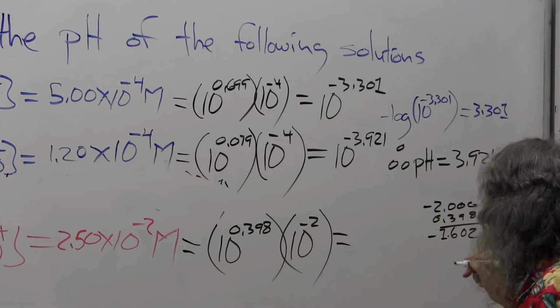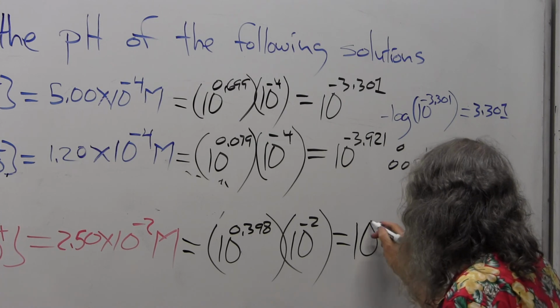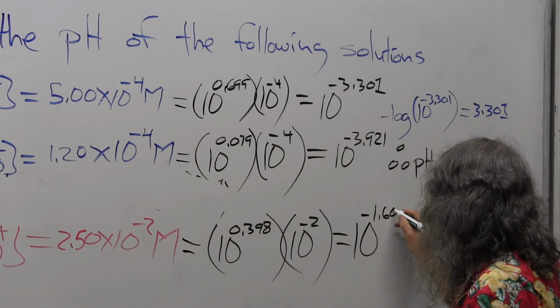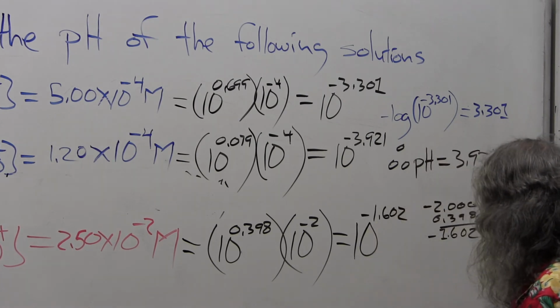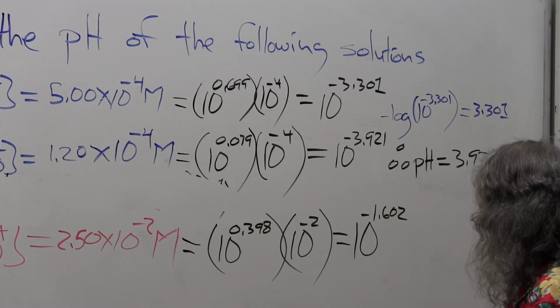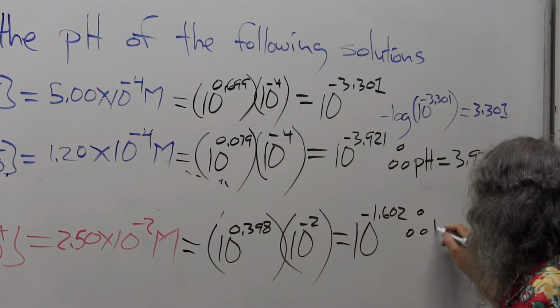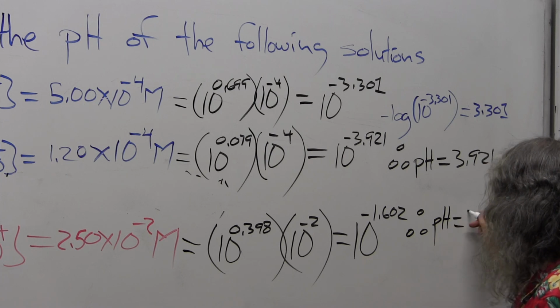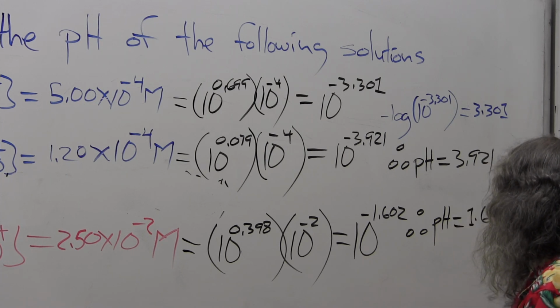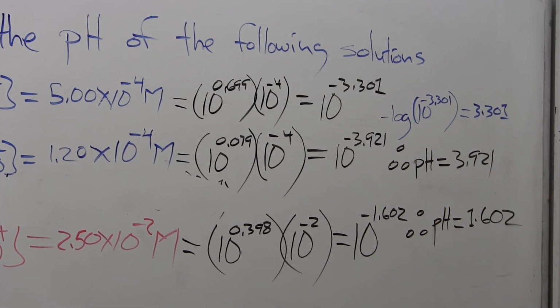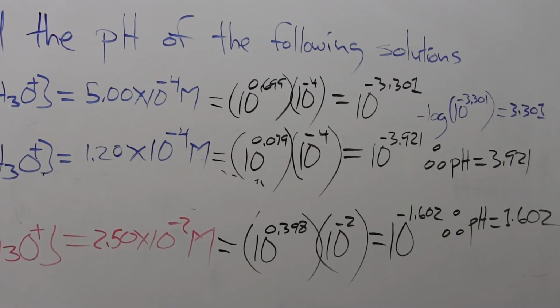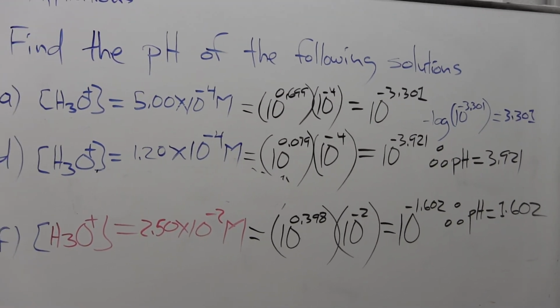That's minus 1.602, equals 10 to the minus 1.602. And therefore, pH equals 1.602. This is just a good exercise; anytime you have a pH, you can practice with this.